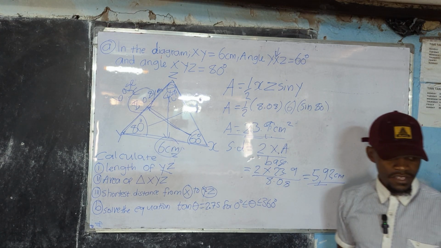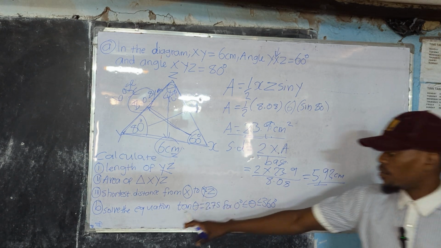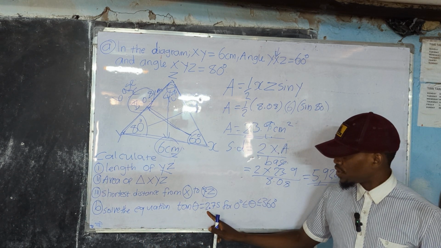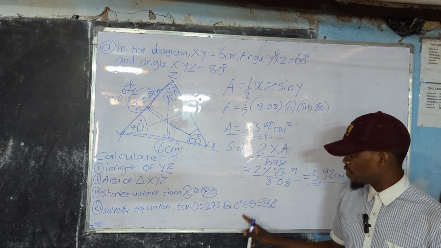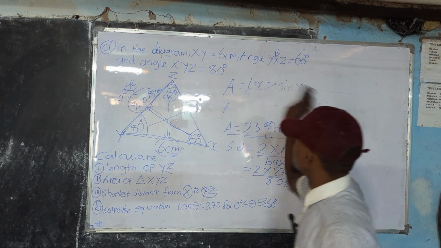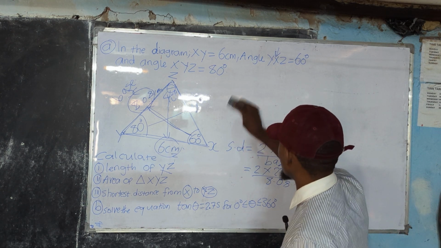Now, what of this question where we want to now solve the equation tan theta is equal to 2.75 for this. So how can we solve for this one? So let's free up some space.